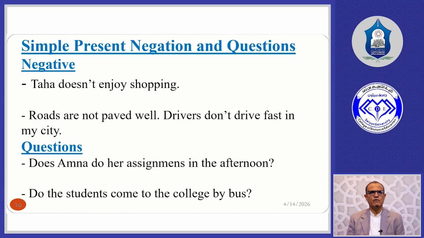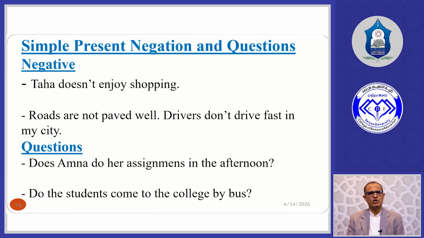So in the case of singular subjects in the present simple tense, we make them negative by using doesn't after the subject and before the verb, and the s in the verb should be omitted. Like these sentences, for example: Taha doesn't enjoy shopping.